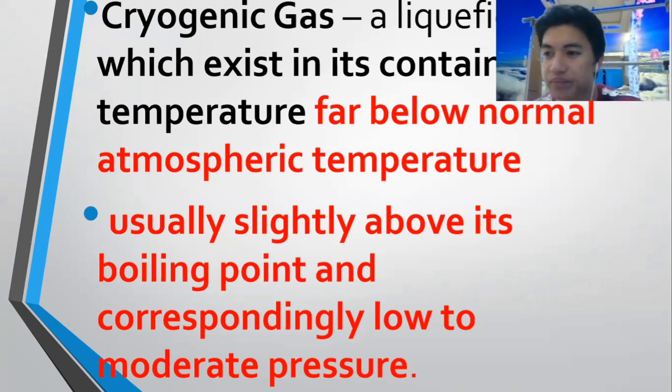However, it has a low to moderate pressure, at a temperature far below normal atmospheric temperature. A good example of this gas are air, carbon monoxide, ethylene, fluorine, helium, hydrogen, methane, nitrogen, as well as oxygen.